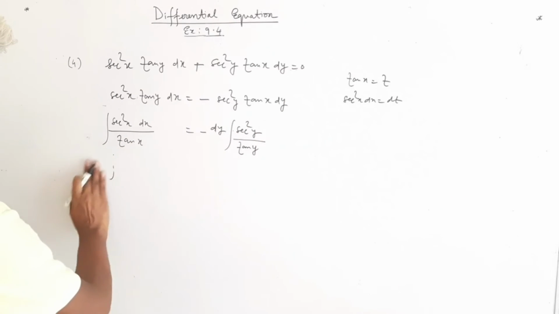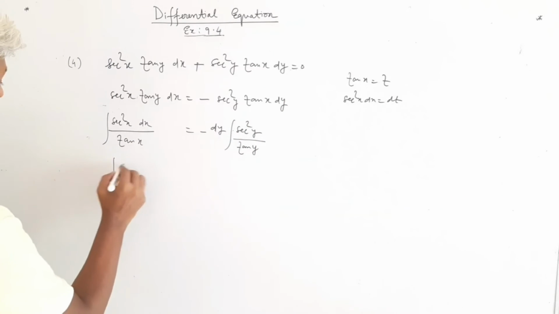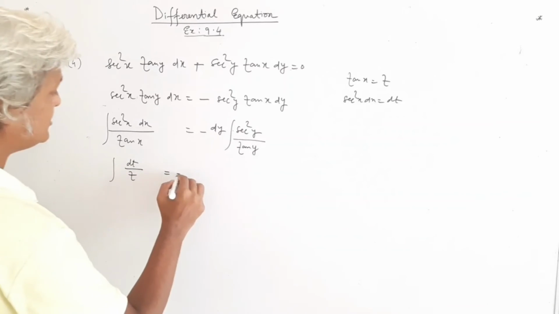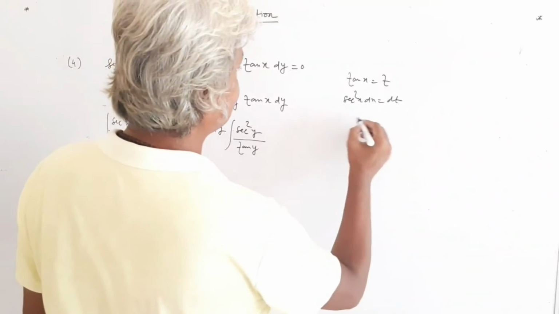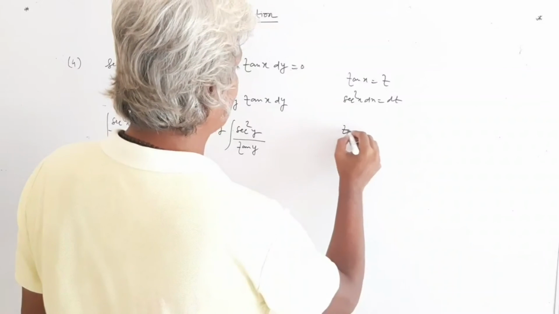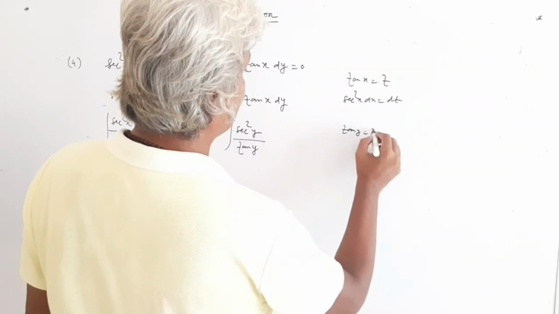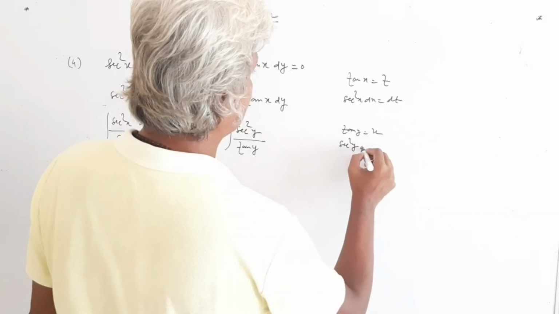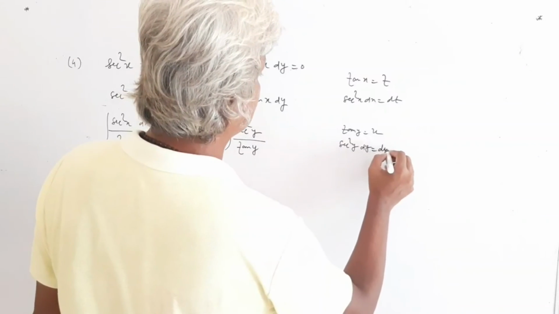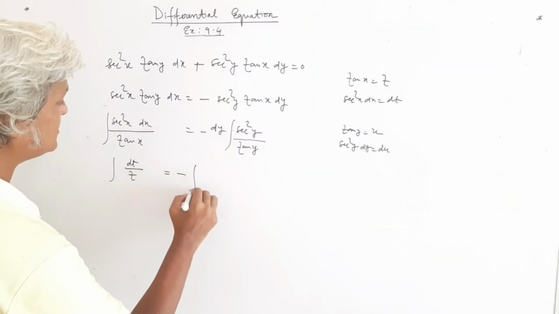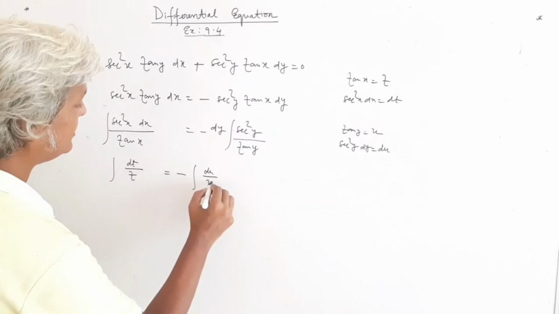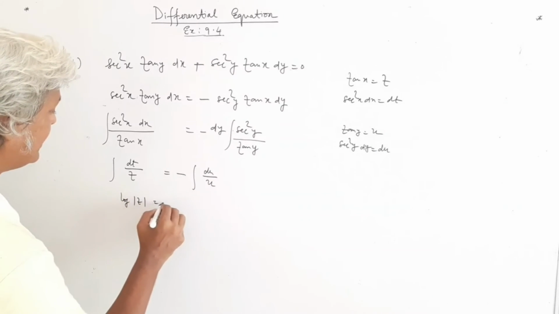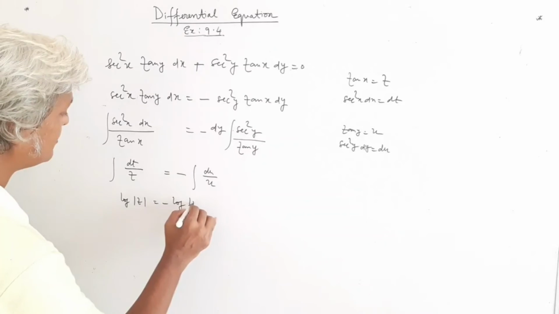You can get dt over t, and in the same way, if you take tan y as u, then sec square y dy is du. So this becomes minus du over u. Now on integration, this is log mod t and this is minus log mod u.